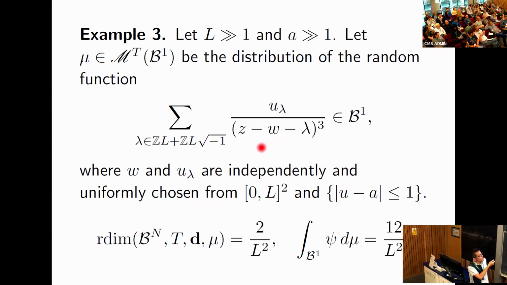In this case, we can show that the rate distortion dimension is equal to 2 over L square, and this integral is equal to 12 over L square. And again, the rate distortion dimension is strictly smaller than this integral.